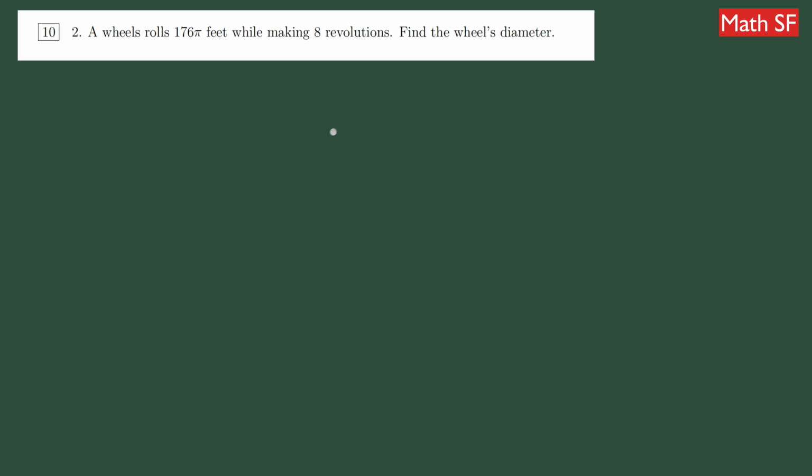Question number 2. A wheel rolls 176 pi feet while making 8 revolutions. Find the wheel's diameter.